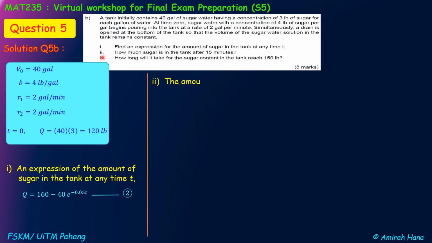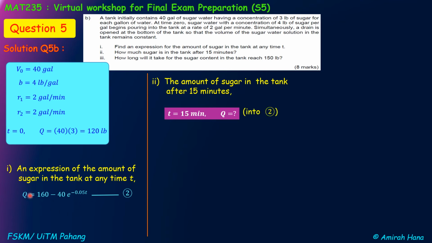So now we can answer question 2: the amount of sugar in the tank after 15 minutes. We substitute t equals to 15 minutes into this equation and we can find the value of Q. So we have Q equals to 160 minus 40 e to the power of negative 0.05 times 15.